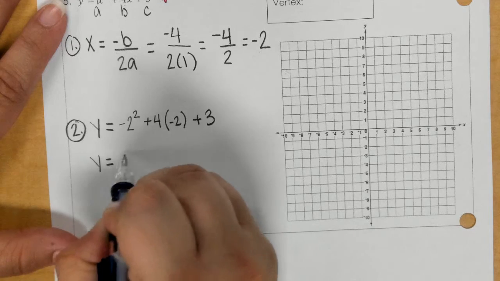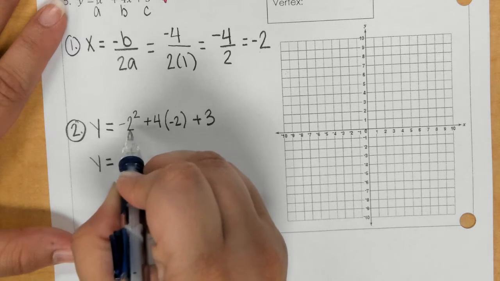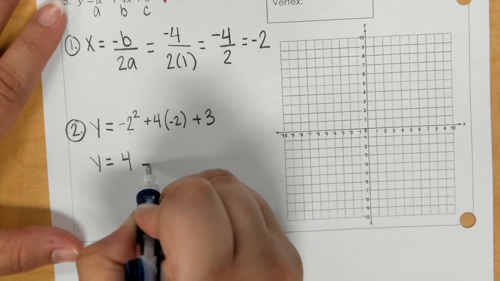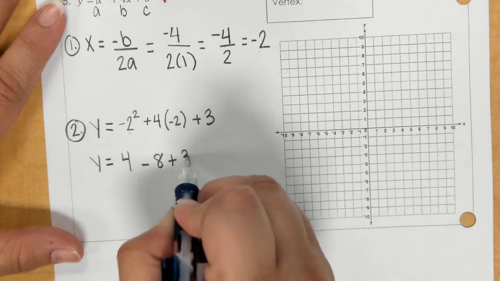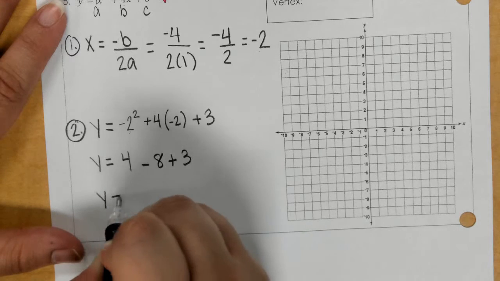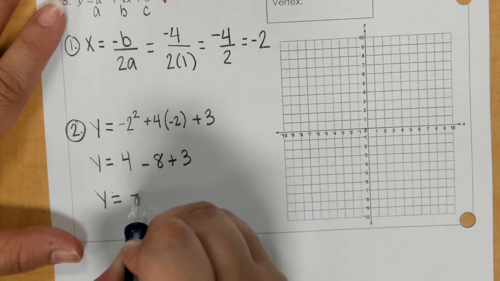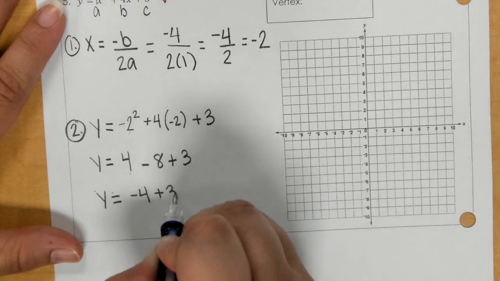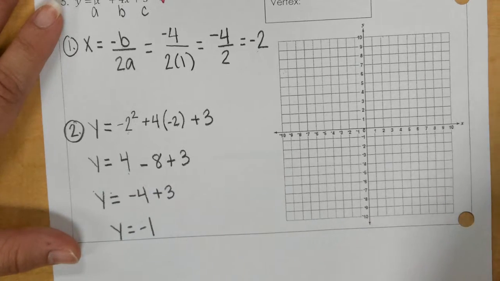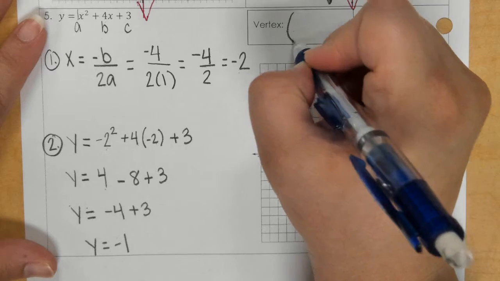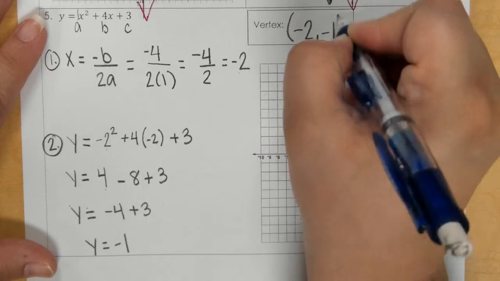And that is a positive 4 because negative times negative is positive. Then 4 times negative 2 is negative 8 plus 3. 4 minus 8 is negative 4 plus 3 is negative 1. So my vertex is negative 2, negative 1.